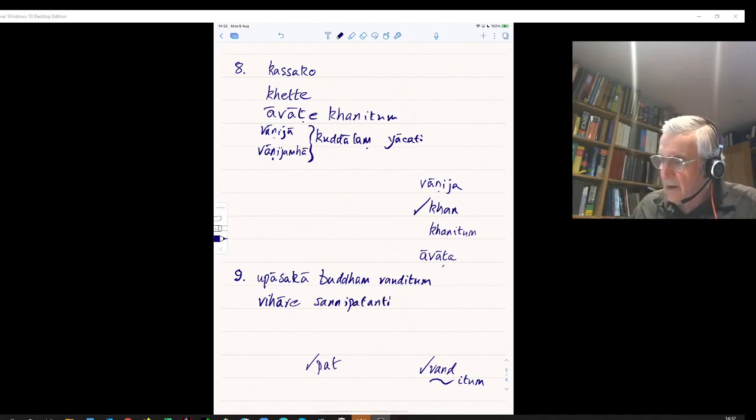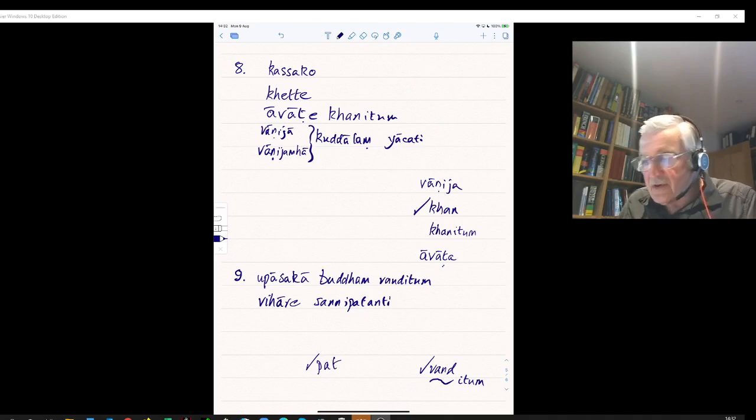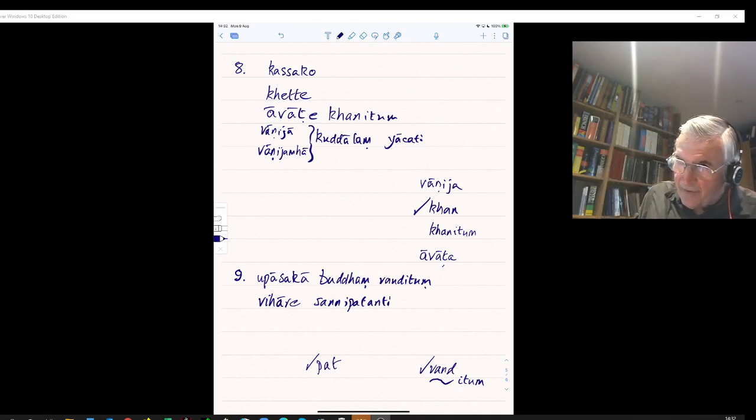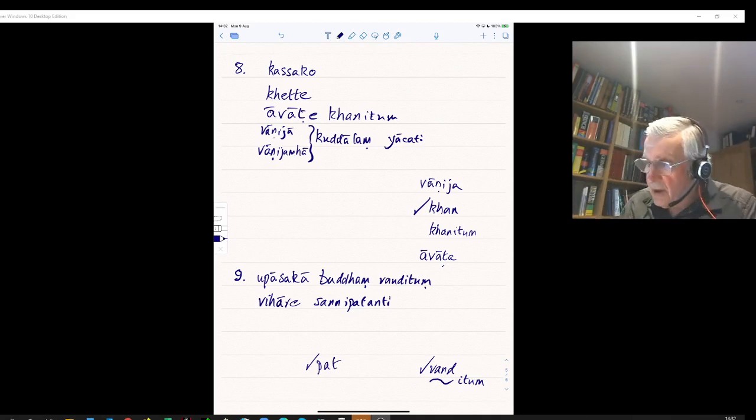Sannipatanti. So the lay devotees assemble in the monastery in order to worship the Buddha. Upasaka buddham vanditum vihare sannipatanti. It's equally correct to put the "in order to worship the Buddha" first. In order to worship the Buddha, the lay devotees assemble in the monastery. You can put upasaka vihare sannipatanti.